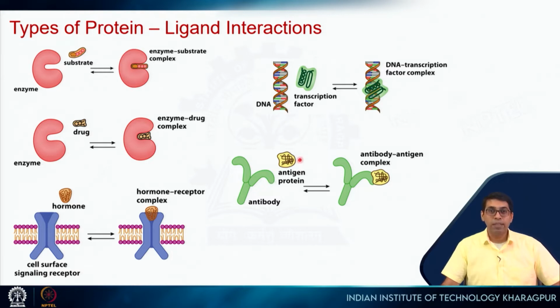Antibody antigen interaction is also a protein interaction. Today I am going to focus on interactions where a protein binds DNA specifically. It can also bind DNA non-specifically, but we are going to talk about specific binding. By specific binding I mean that the protein identifies a particular sequence of nucleotides on the DNA and binds that sequence.